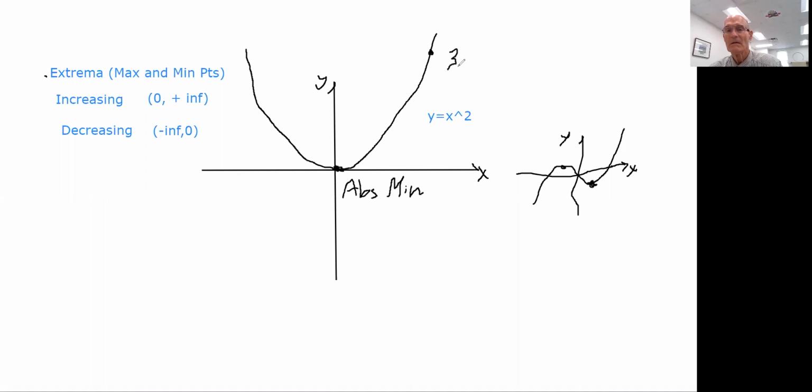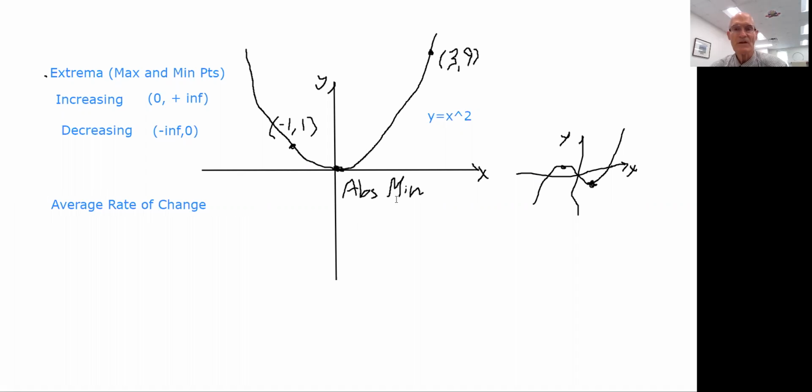That's 3 and 9, which is 3 squared is 9. Now, if I come over here, I have a point which is -1 and 1. The last thing we did today was to find the average rate of change.